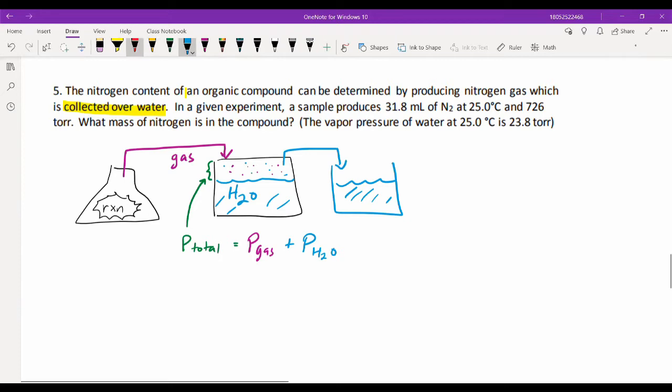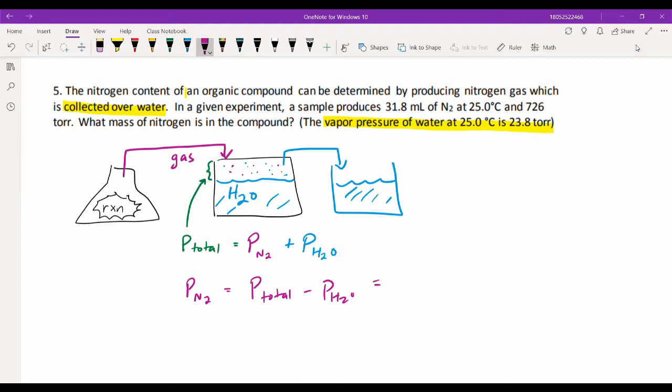That's why this is usually given in the problem as a hint that you'll probably need it in some kind of calculation. So in this case, I'm just going to change the gas to nitrogen. We'll first figure out the pressure of nitrogen by subtracting the water vapor from the total pressure.